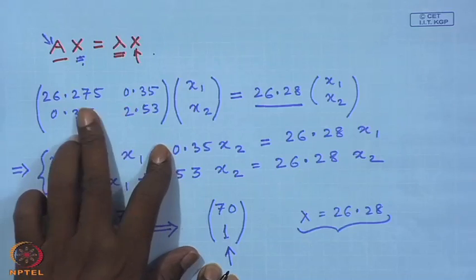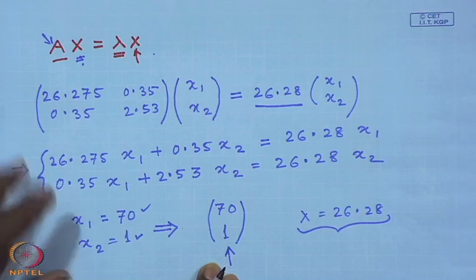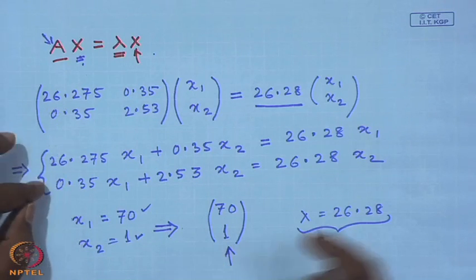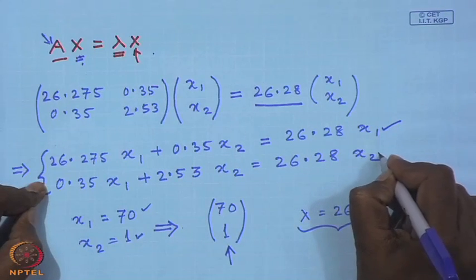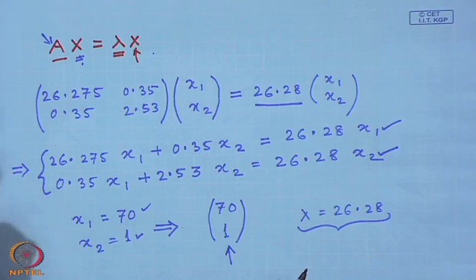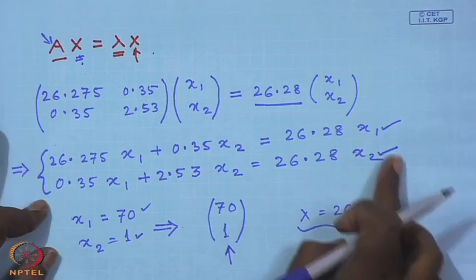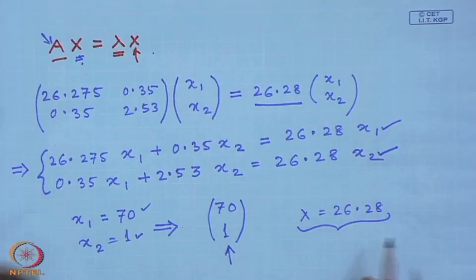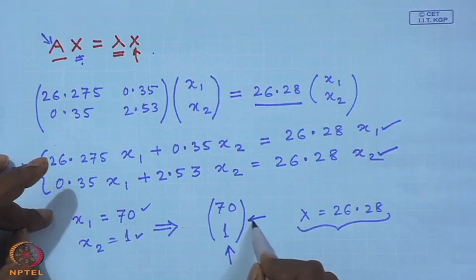In many cases, the decimal values beyond a certain position we have ignored. So, I get a truncation error. Ideally the x 1, x 2 values from here and from here should be same, but I get a difference because of the truncation error. But anyway, the values will be very close. Instead of 70, here you may get something like 68, 69 or something like that. So, this is my eigenvector.